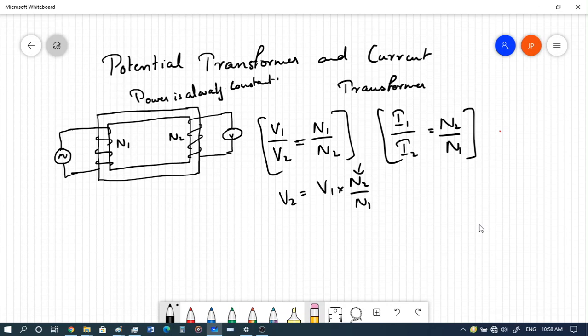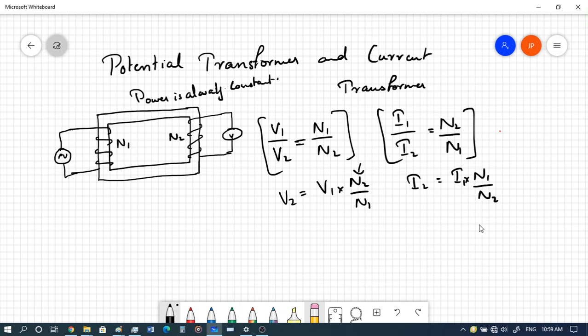You can step up the voltage using this transformer. And in that case, what happens with I2? I2 will be equal to I1 into N1 by N2, which means that the current gets stepped down.